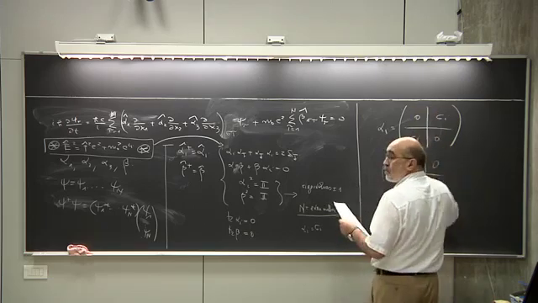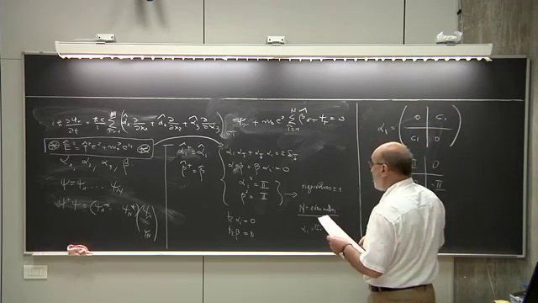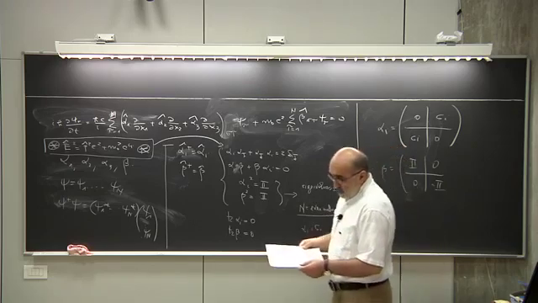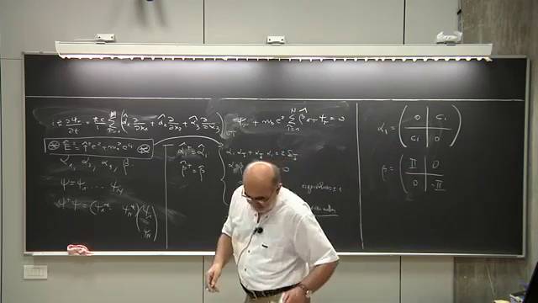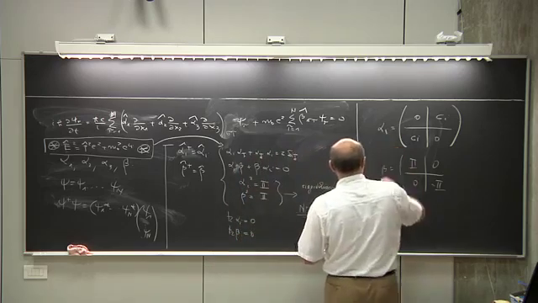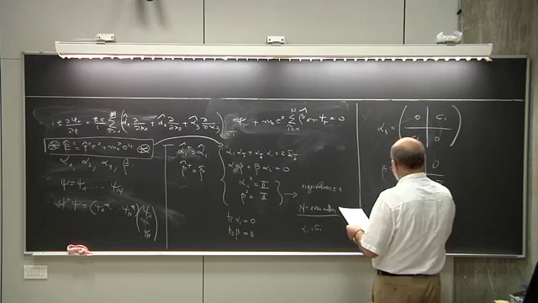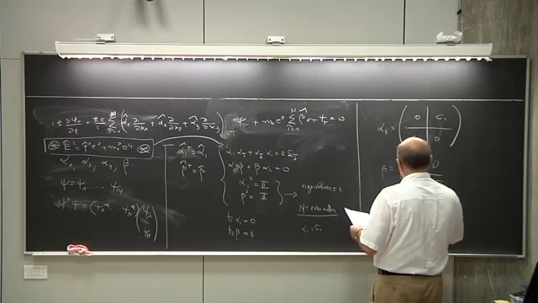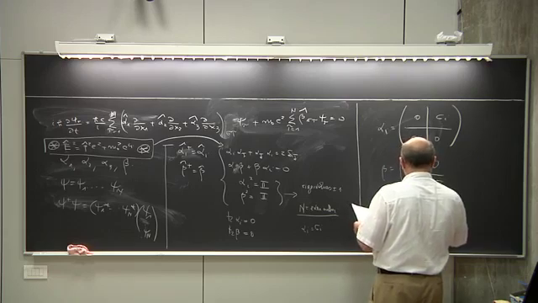So these blocks are 2 by 2, and altogether the matrices are 4 by 4. Why this works is that the sigma matrices have this property: sigma i sigma j plus sigma j sigma i is equal to 2 delta ij times the identity.